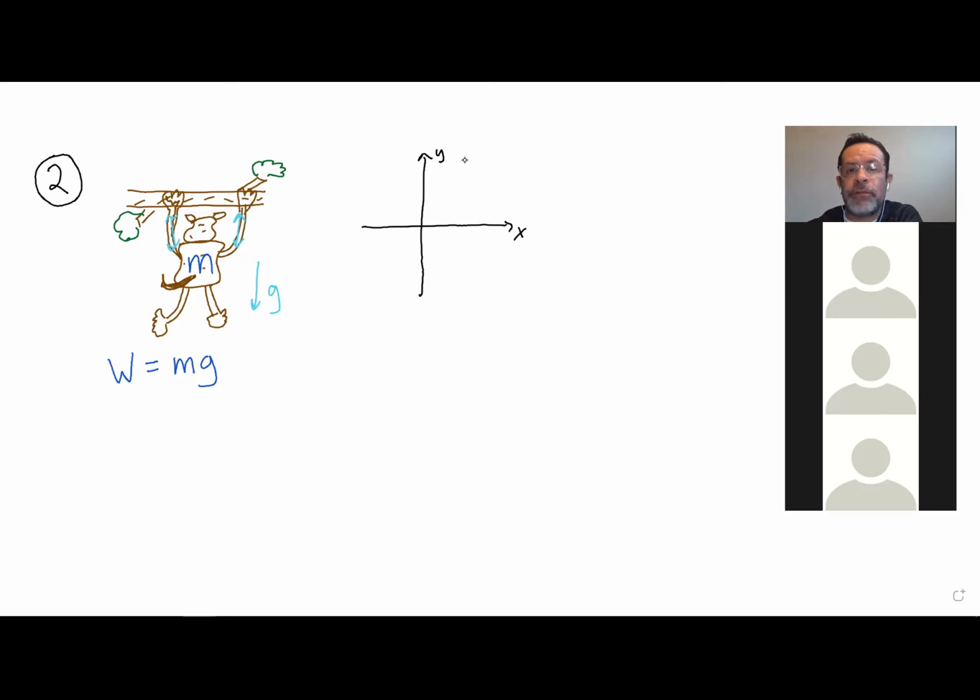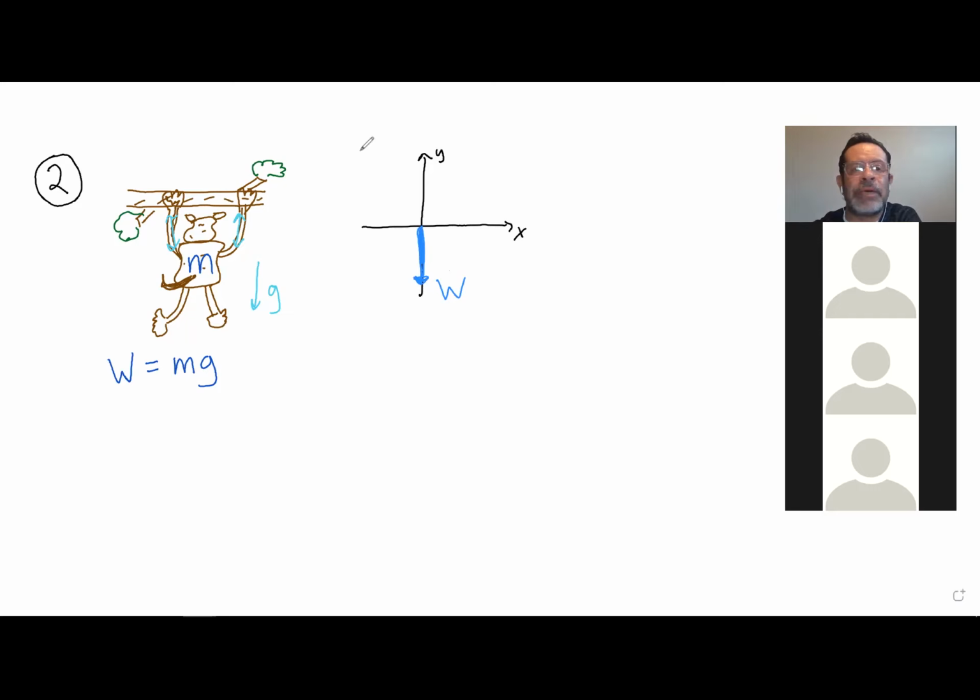So in this case, one of the forces that we're going to have, I'm going to draw these here. We're going to have the weight of the monkey that's going to be going down, because gravity pulls us down. And I'm going to call this W, okay? And then we've got the forces of the arms of the monkey that are pulling itself upward.